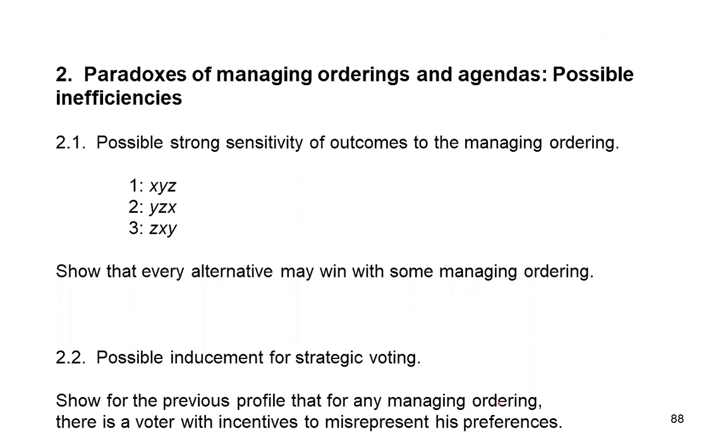What sort of inefficiencies can we see here? So again, we have the voting paradox profile with a cycle. And now the problem that is directly evident from this paradox is that we have a strong sensitivity of outcomes to the managing ordering.